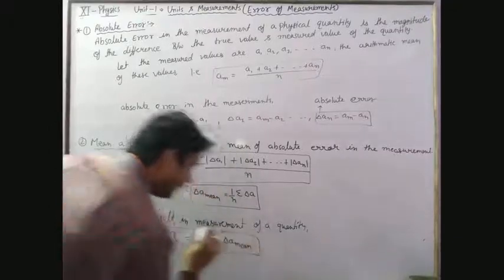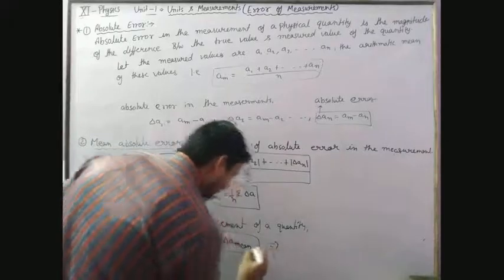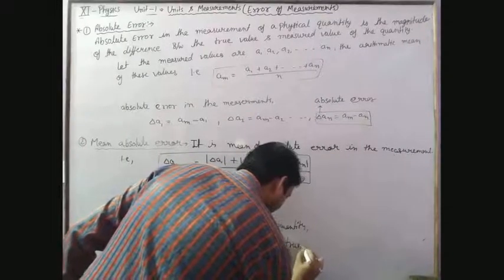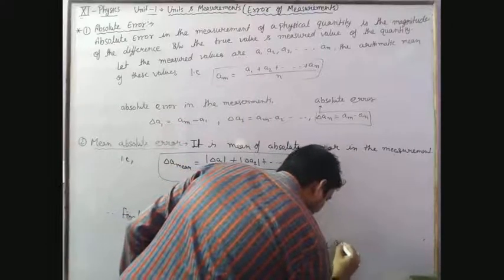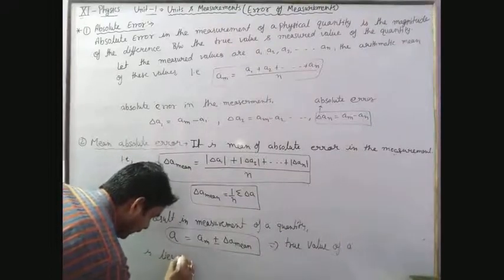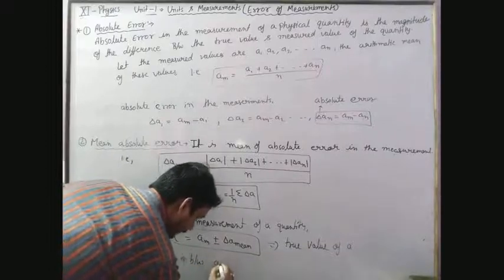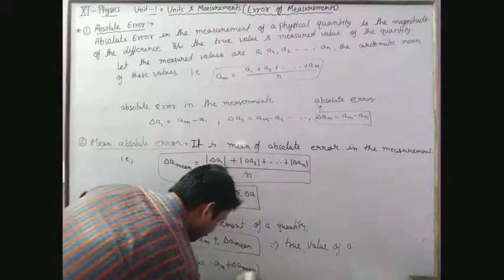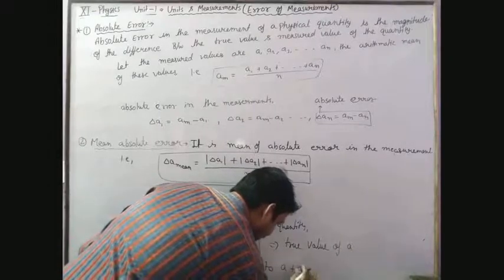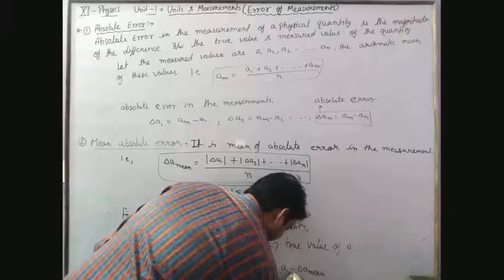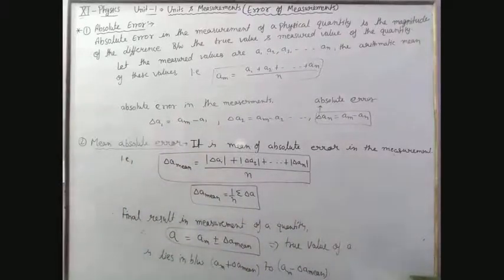This indicates that the true value of A lies in between A m plus del A mean to A m minus del A mean. This is the result of the measurement.